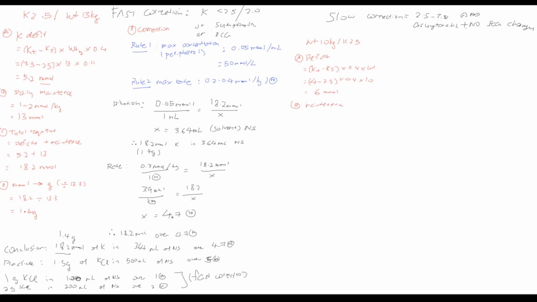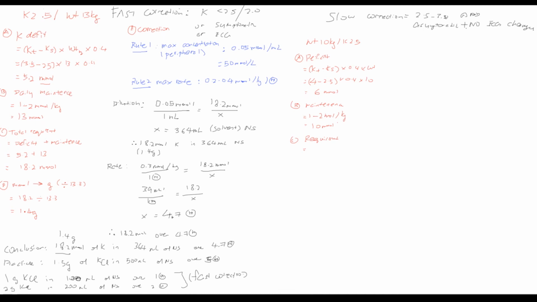So the maintenance will be the same, 1 to 2 millimoles per kg, which in this case, we'll take 10 millimoles of potassium. So what is the requirement of potassium in this patient?